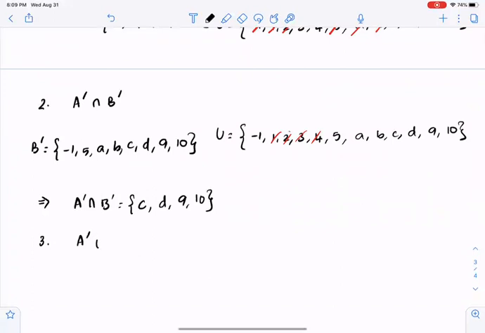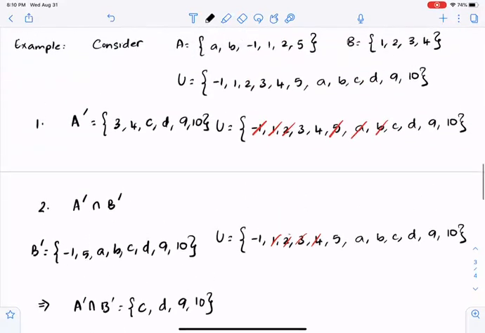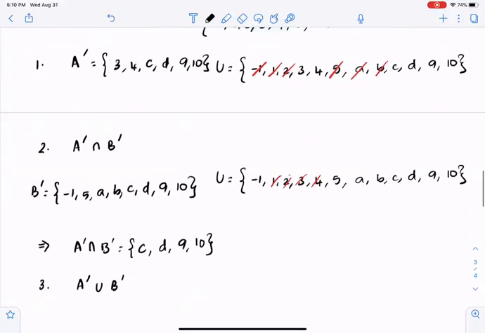A complement union B complement. We already have A complement and B complement, so we just want to combine them together.